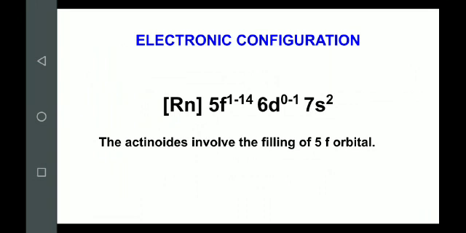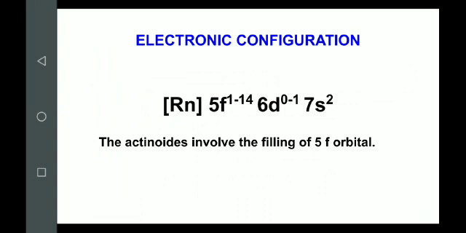After 86 electrons, the next two electrons will go into the 7s orbital. 7s is your outermost principal shell here. So the next two electrons will go into the 7s orbital in all the actinoid elements. So this is how 88 electrons are filled. After 88 electrons, we have the 89th electron and so on.